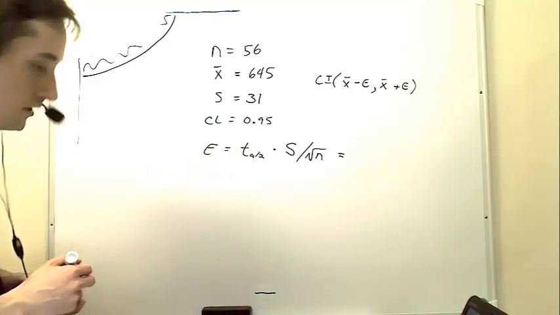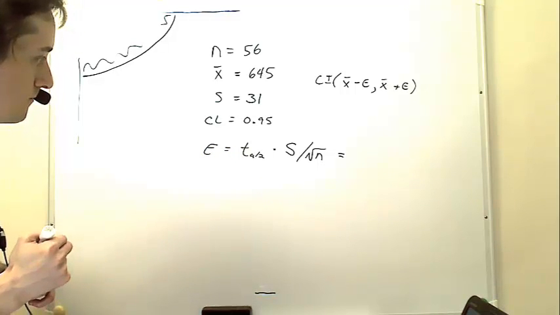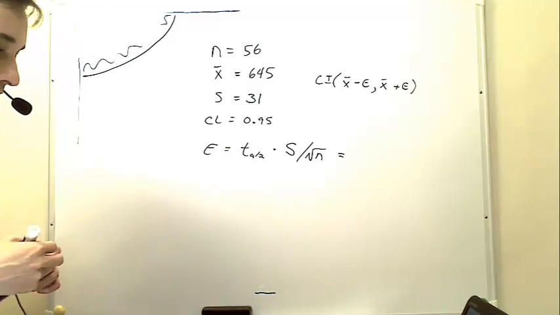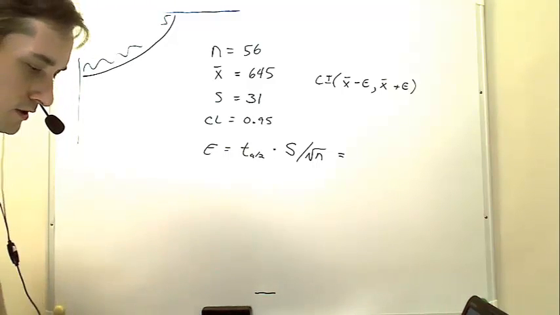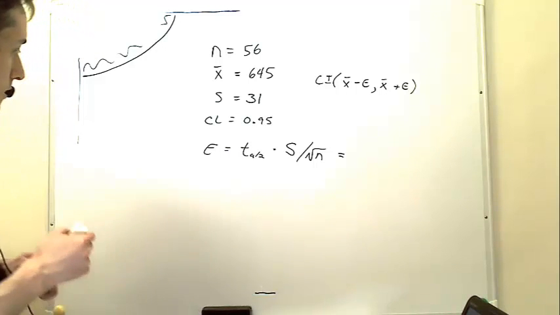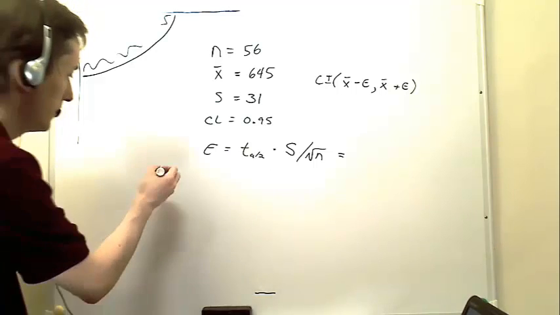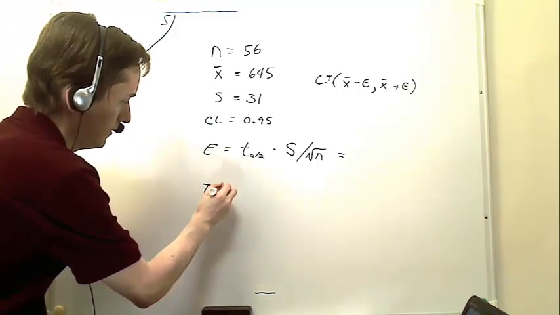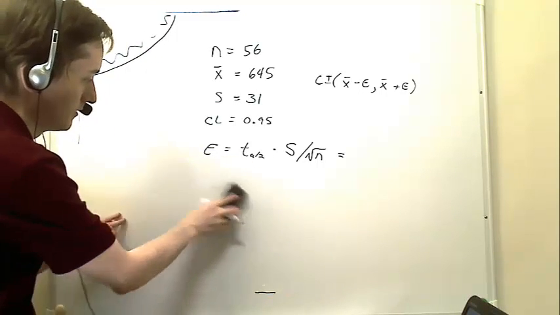Now, depending on what type of calculator you have, if you have one of the more advanced calculators like a TI-84 Plus, I think it might be called, you can use the, I think it's TINV, or maybe it's INVT.